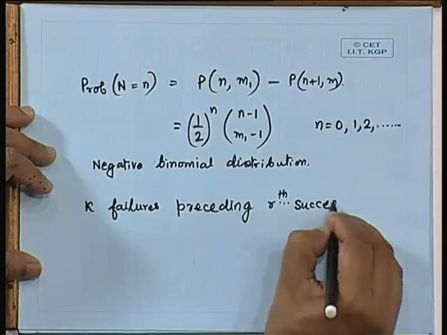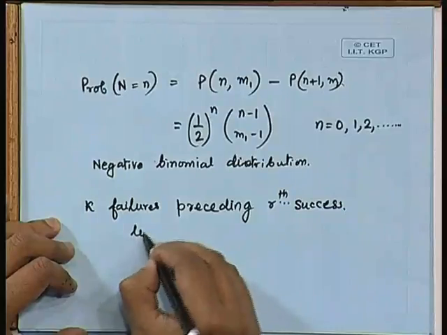That means it is a long repeated binary trial. We keep on repeating this trial. There is a first success, then again some failures, then the second success, again failures, then the third success, and it goes on like that.